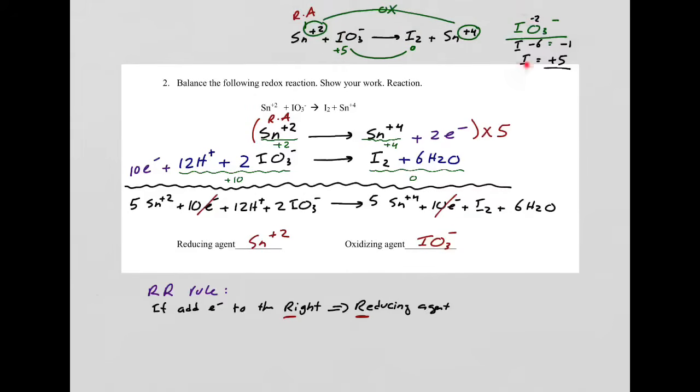It's a covalent compound. I can set it up like this to figure out what I is. The entire compound equals -1. I know oxygen is always -2, times 3 is -6. I can figure out I is +5. I go from +5 to 0. It became more negative. That is my reduction. That's good. So it matches up.